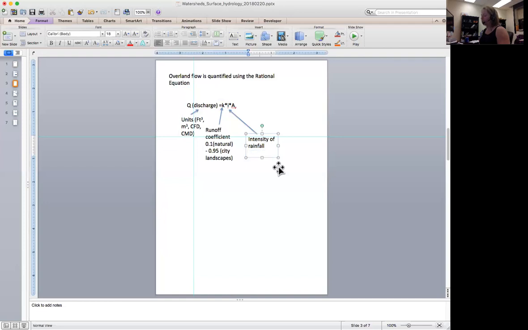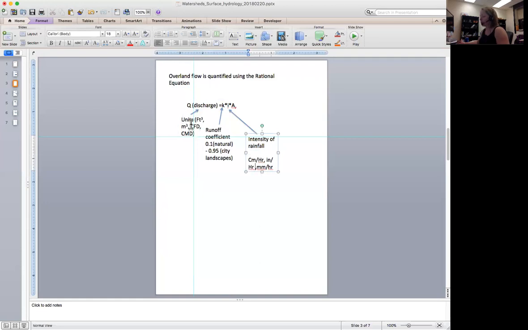And that intensity is going to be given in a rate. So that rate is going to be either centimeters per hour, inches per hour, millimeters per hour. But remember, whatever we use in terms of this, it needs to match what is going on over here. So if we say here it's centimeters per hour, then this would be cubic centimeters. If we say it's inches per hour, then this is inches.